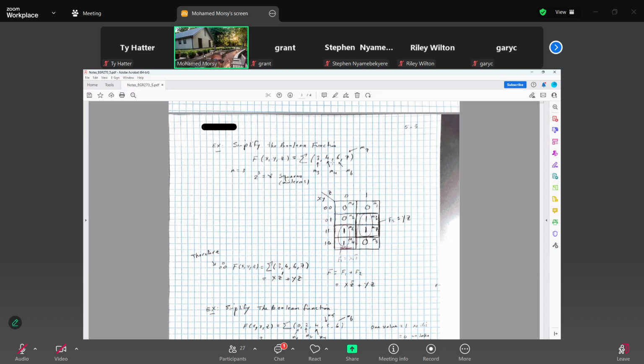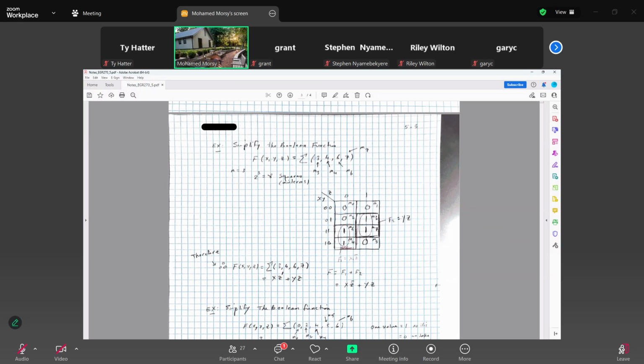When we have F equal to M1 plus M2 plus M3, we said F equals sigma of 1, 2, 3. So vice versa here, we have this sum of 3, 4, 6, and 7.